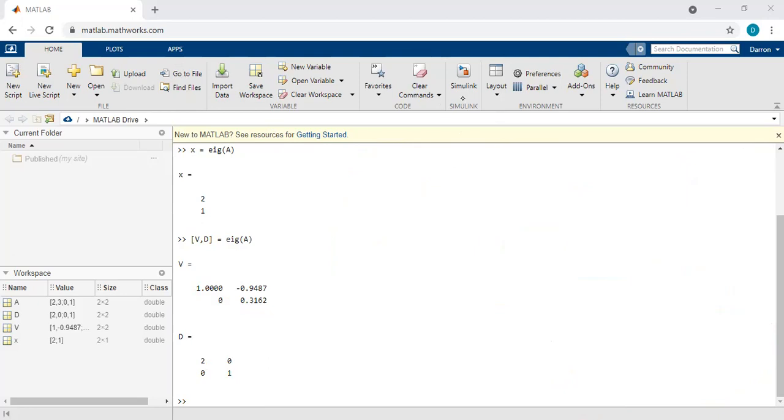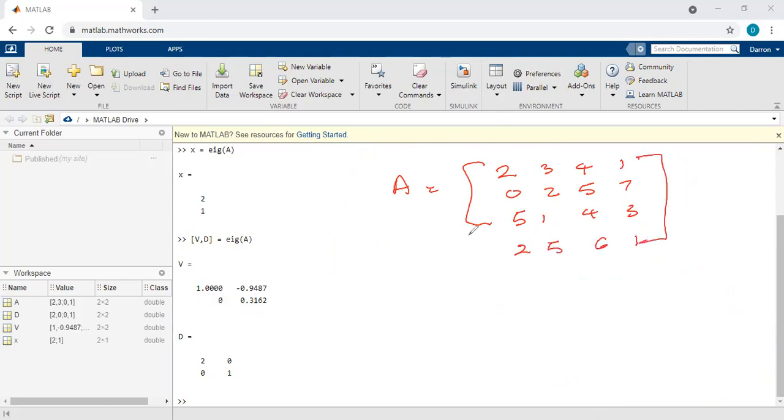Let us say that this circuit works out to A equal, and these are the values in the circuit. And I wanted to find the eigenvalues and eigenvectors. So it would be A.